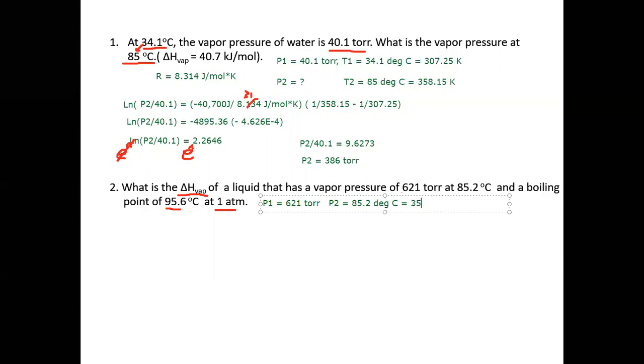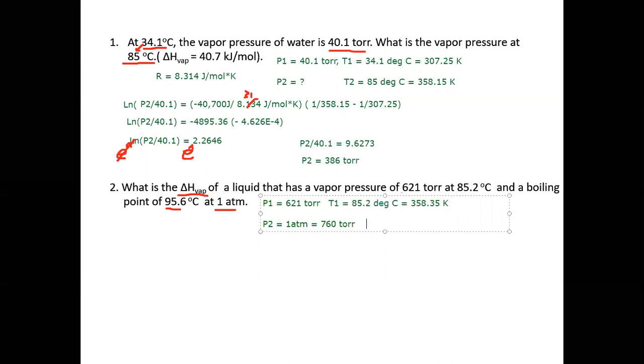We get 358. Okay. Now for P2, notice here that it's in atmospheres, so you have to convert either torr to atmospheres or atmospheres to torr. I recommend converting atmospheres to torr because torr is a larger number, less room for rounding error. So 1 atmosphere, as you should remember from Gen Chem 1, is 760 torr. And that should be T1.